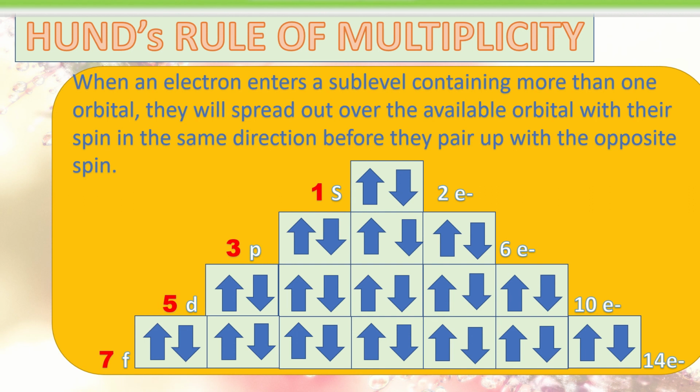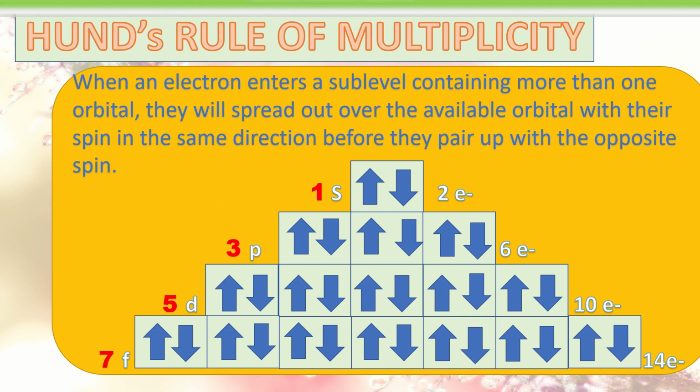Each sublevel is labeled by its principal energy level and sublevel. The electrons are indicated by arrows inside the boxes. An arrow pointing upward indicates one spin direction, while a downward pointing arrow indicates the other direction.